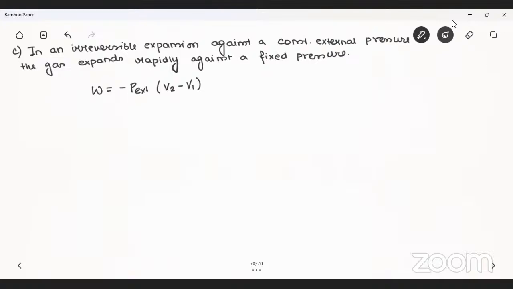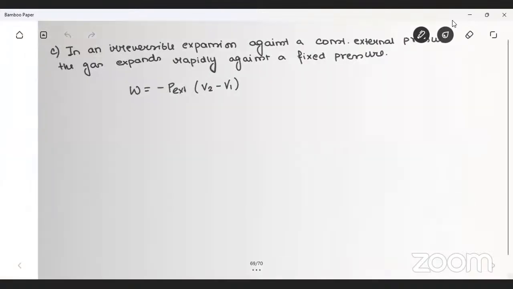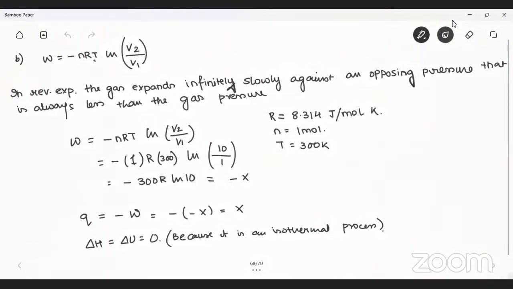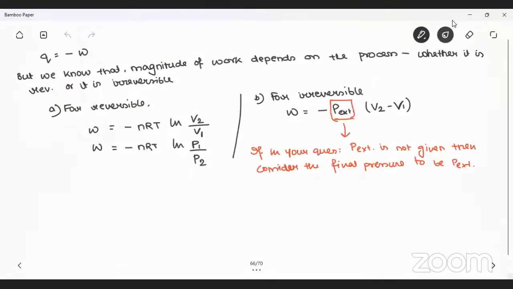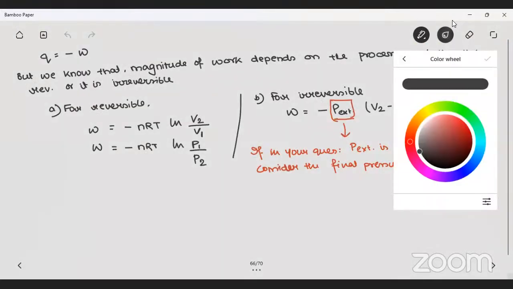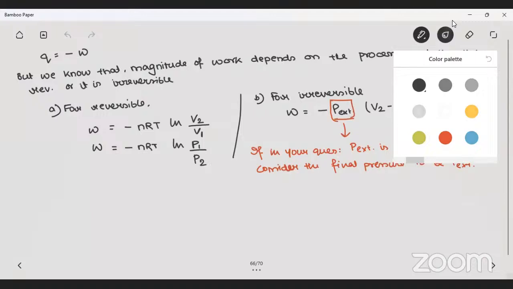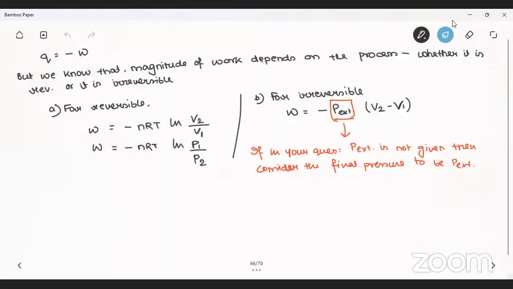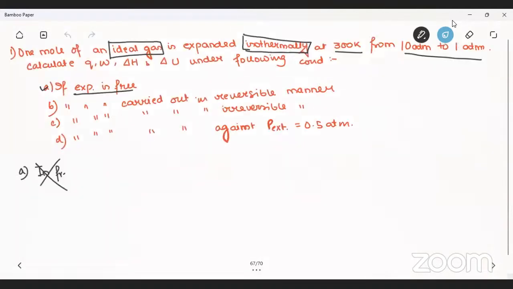Now you forgot it again. Don't forget it. Remember I told you that if your P external is not given, then consider the final pressure to be your P external. What is the final pressure? 1.